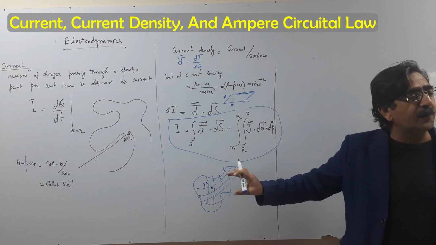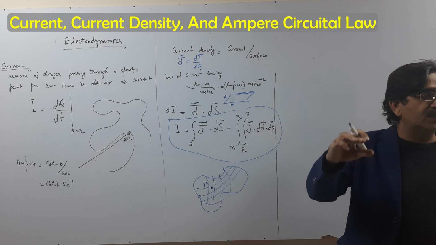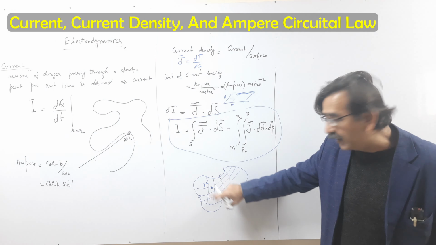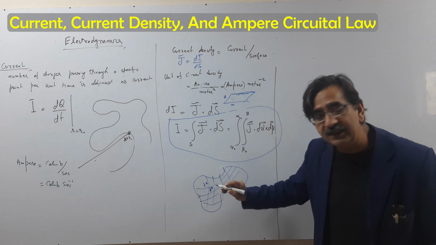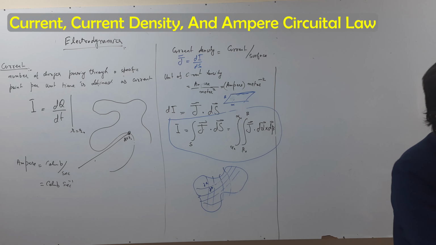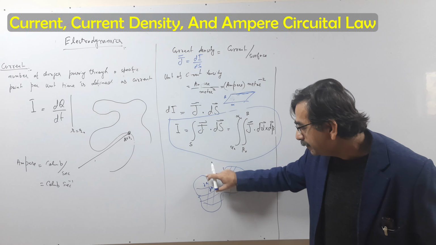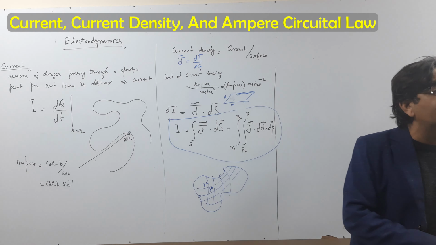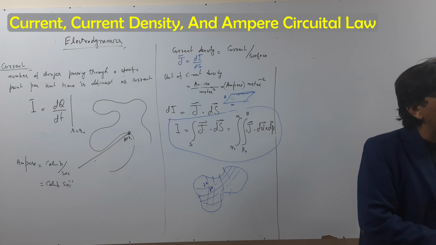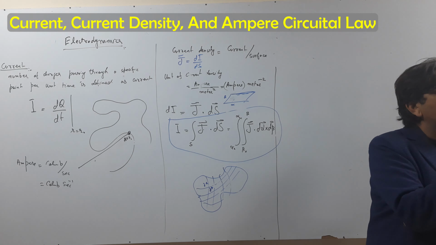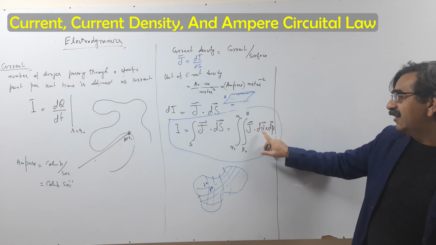Even small patches are not, but when they become infinitesimally small, this length becomes d alpha and this length becomes d beta. Derivative means approaching zero, so every line will be treated as a straight line. So the curved line will become a straight line and the patch a parallelogram. So this small surface will be d alpha cross d beta.